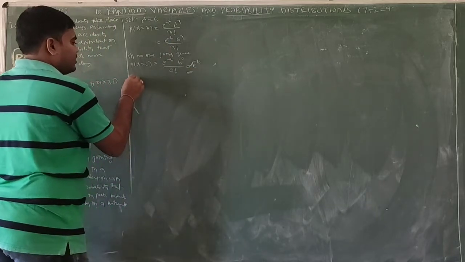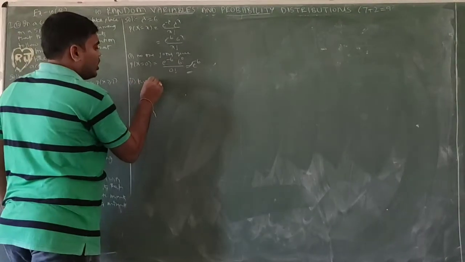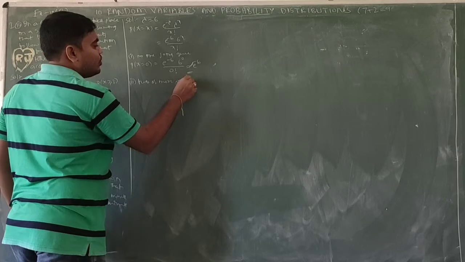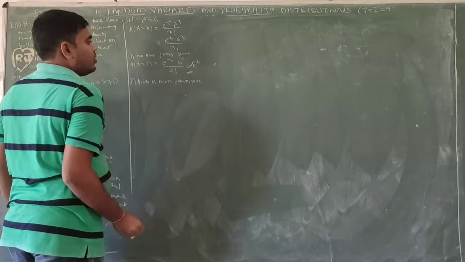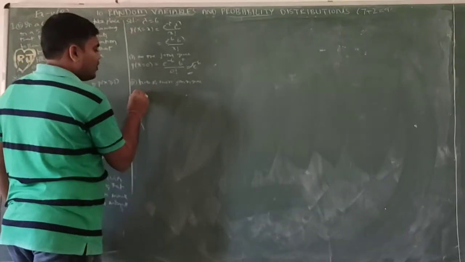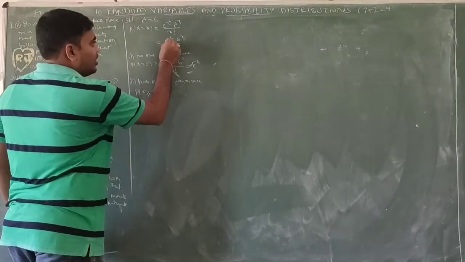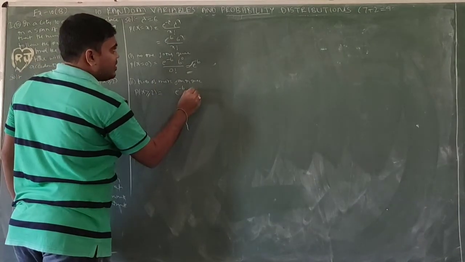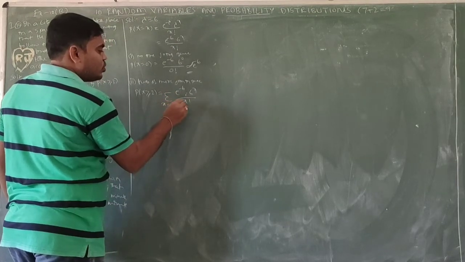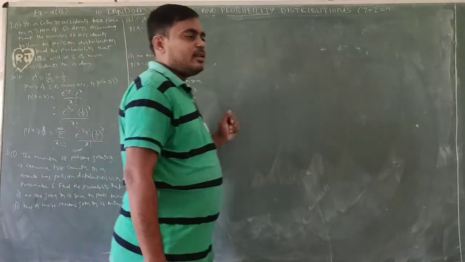Next, second, two or more join in the queue in a particular minute. So if we are taking like this, P of x greater than or equal to 2, e power minus 6, 6 power x by x factorial, sigma x value is 2 to infinity. How many join we don't know. Let us consider that.